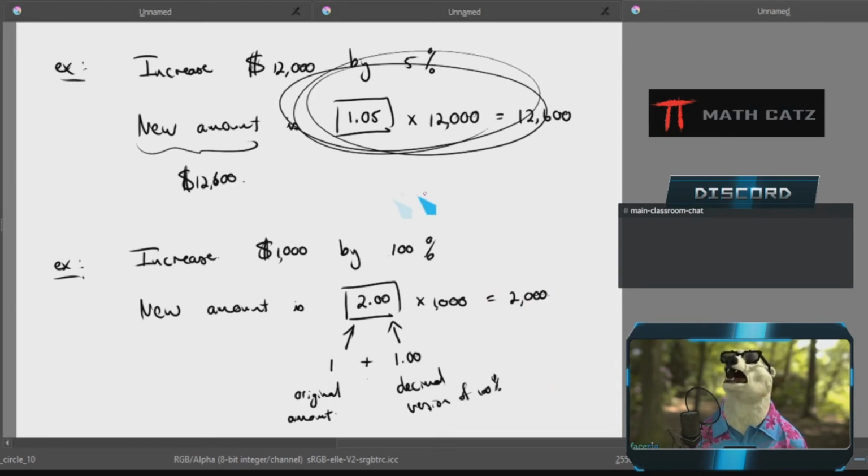I'm not taking 100% of my number. It's an increase. It's a different calculation, different instructions. Increase some amount by a percentage. It's always the decimal version of that percentage on top of my base 1. Always. It's never going to change with this kind of calculation.